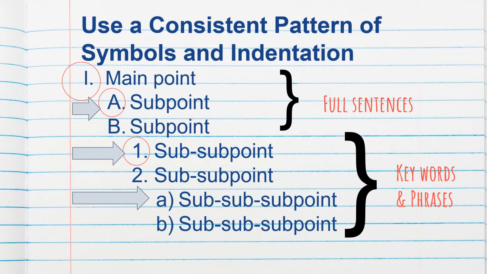As you can see, the uppercase letters are indented just a little bit. The Arabic numerals are indented more, and the lowercase letters are indented the most. It's really important when you're creating your outline that I can see the different levels of information that are included in the speech.